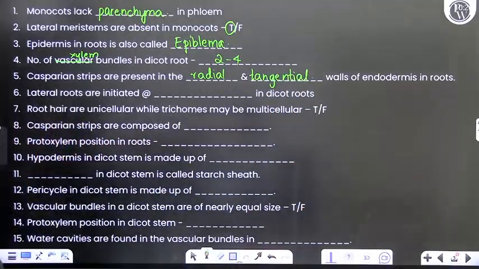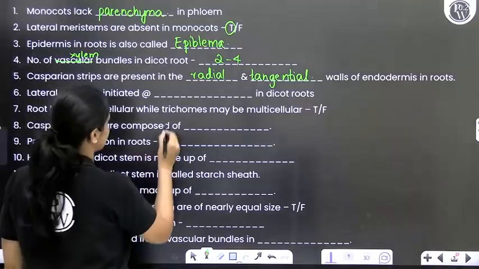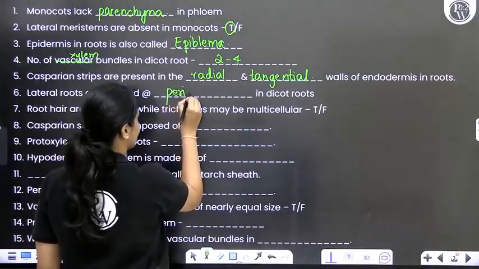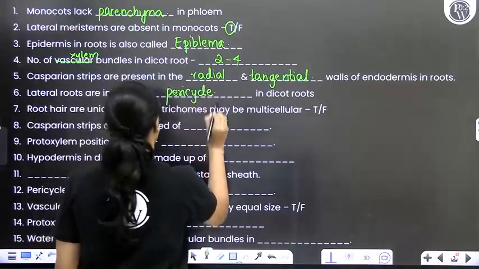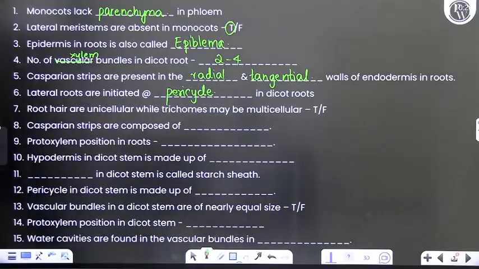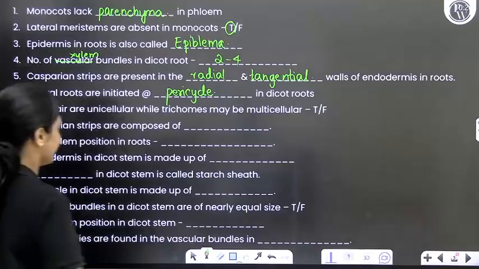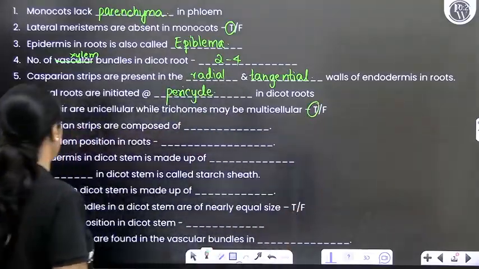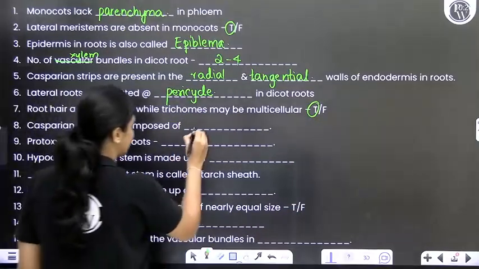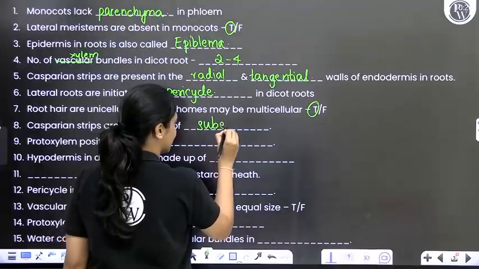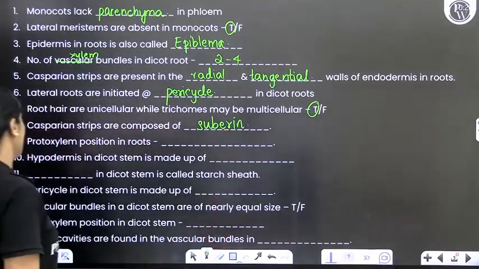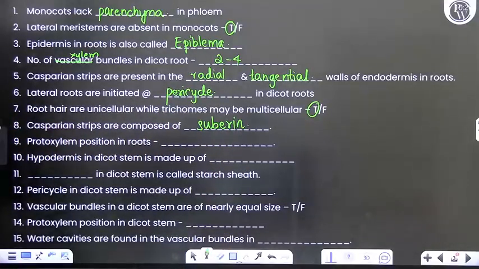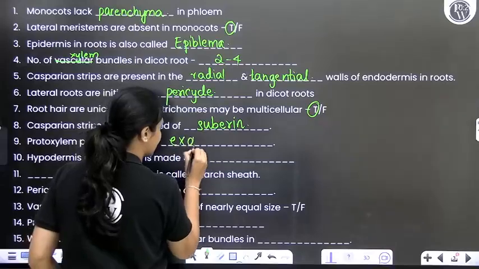Lateral roots are initiated at the pericycle. Root hair are unicellular while trichomes may be multicellular. This is true. Casparian strips are composed of suberin. Protoxylem position in roots. Protoxylem position in roots is towards the periphery, so it's exarch.